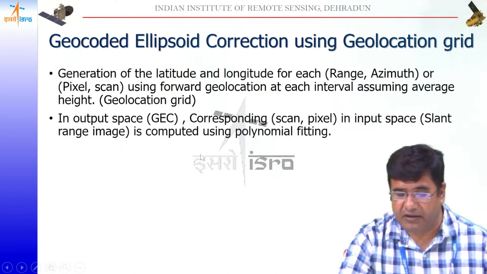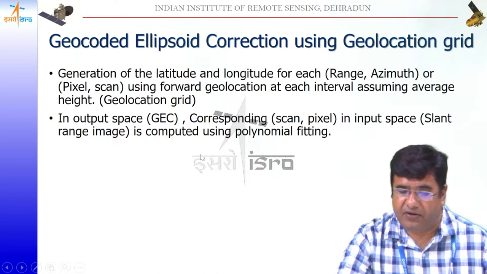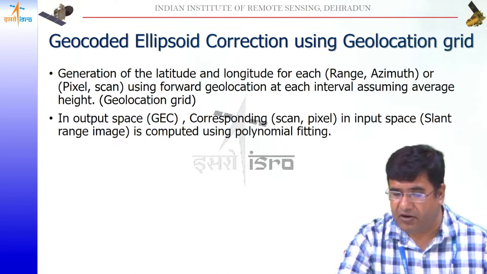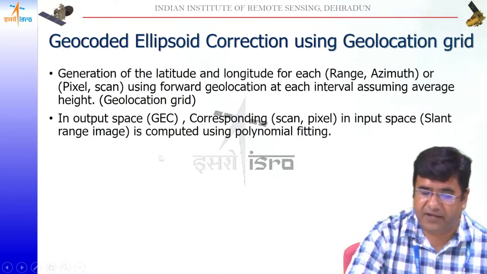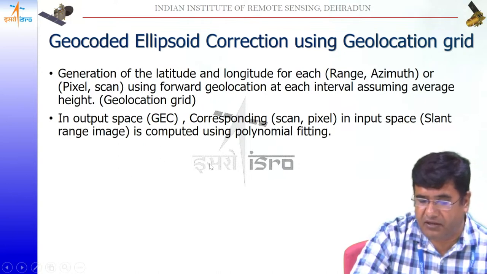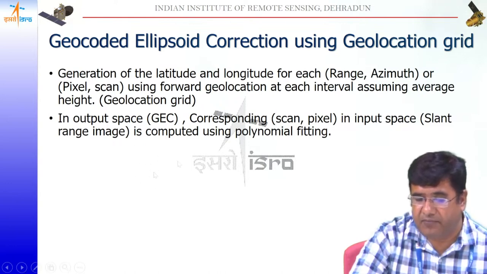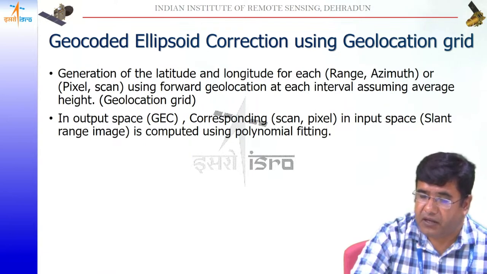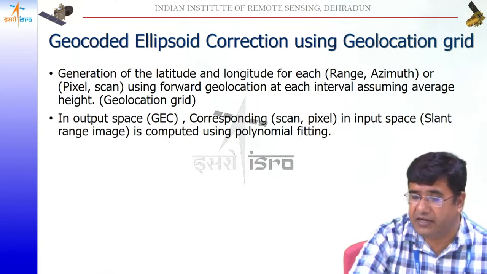For the grid, we can find out at every 10 cross 10 or 32 cross 32, means after every 10th pixel we will find this lat long. We know for particular grid points what the lat long is, and in-between points are interpolated using the polynomial fitting. Okay, so after doing this, we can use the geocoded ellipsoid corrected products for our other applications.